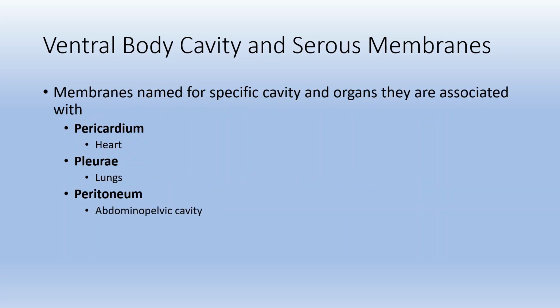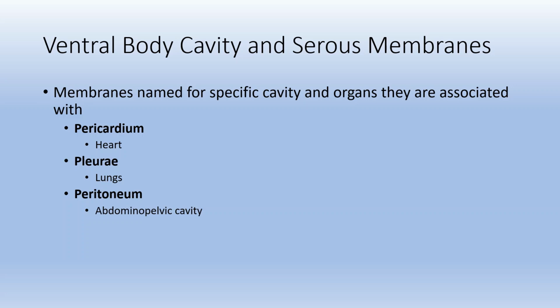We have serous membranes throughout the entire ventral body cavity. But instead of saying parietal and visceral serosa, we can actually give that membrane a special name depending on its location. For example, if we look at or study the serous membrane in the pericardial cavity as it covers the heart and the wall of that cavity, we can replace the term serosa with pericardium.